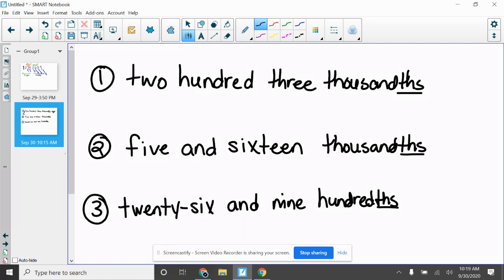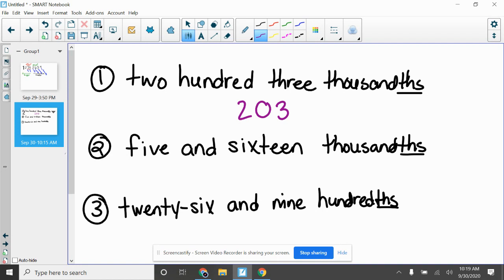So the first thing your brain should be telling you is you have to take the words 203 and turn it into a number. Lily, if I was going to write the number 203, what would it look like? 203. But now figure out where my decimal is going to go.